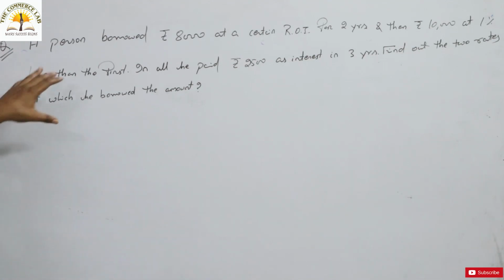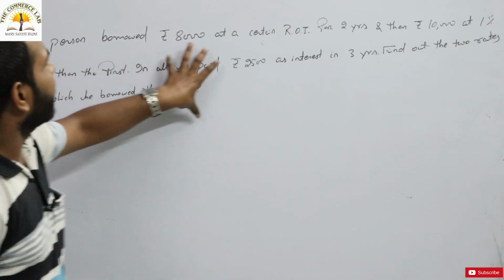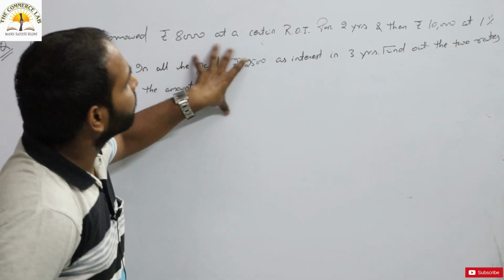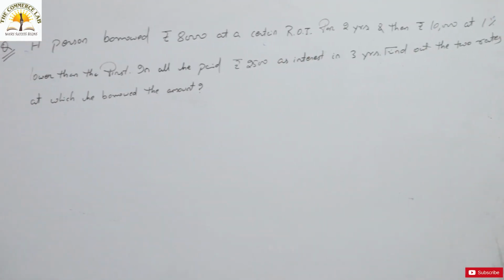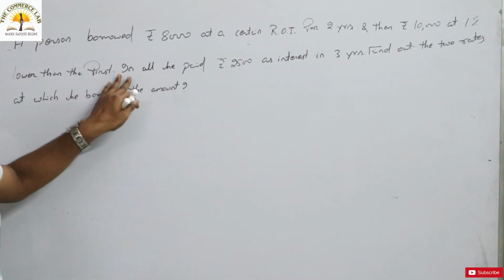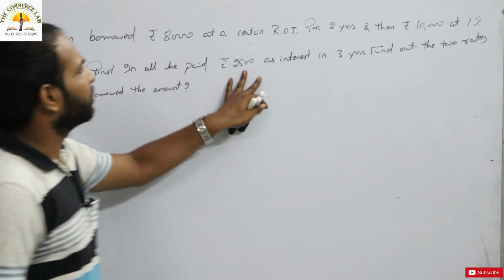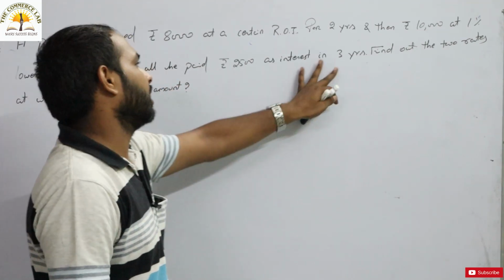So see, a person borrowed 8,000 rupees at a certain rate of interest for 2 years. Then 10,000 rupees at 1% lower than the first. In total, he paid 2,500 rupees as interest in 3 years.